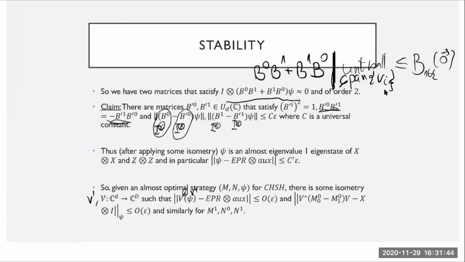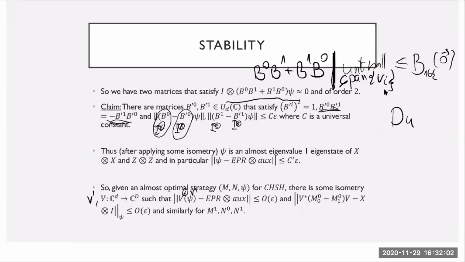And this C is universal. It's independent. It depends on nothing here. It depends on the group D4 actually, but for us, it's just a number.